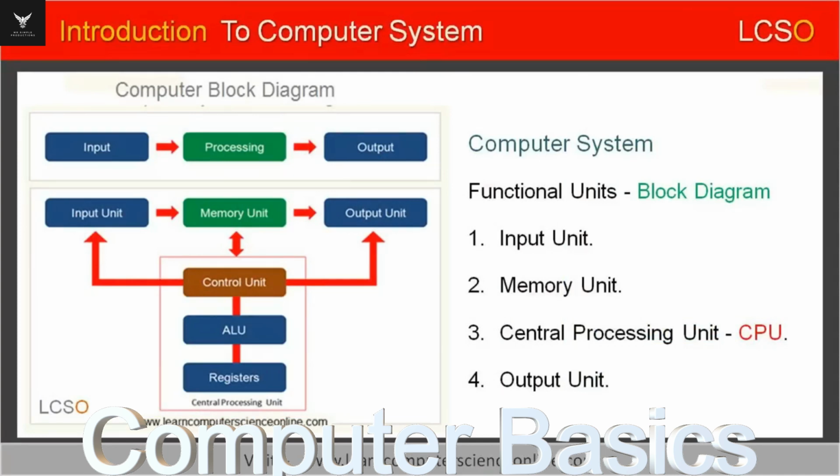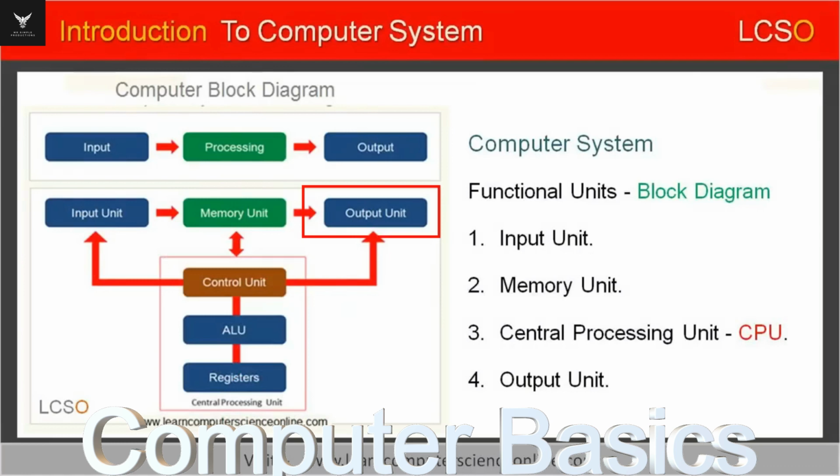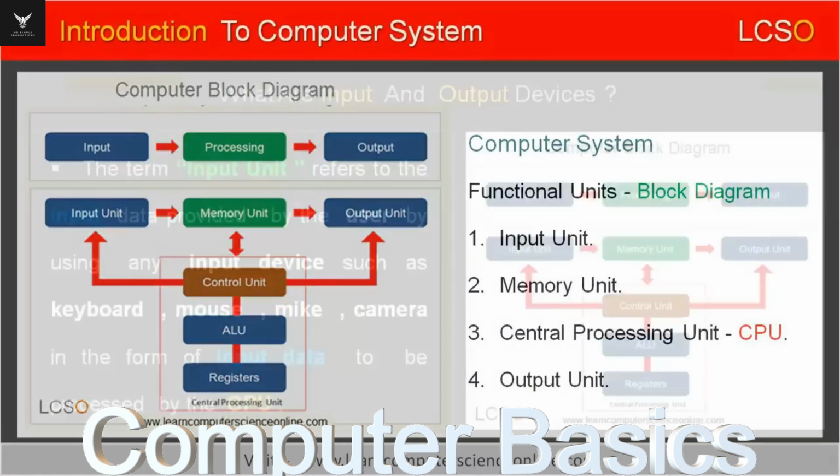Each unit performs a specific function in the working of a computer. The four major units of the computer are: first, input unit; second, memory unit; third, central processing unit, also commonly referred to as CPU, and the fourth unit is called output unit.